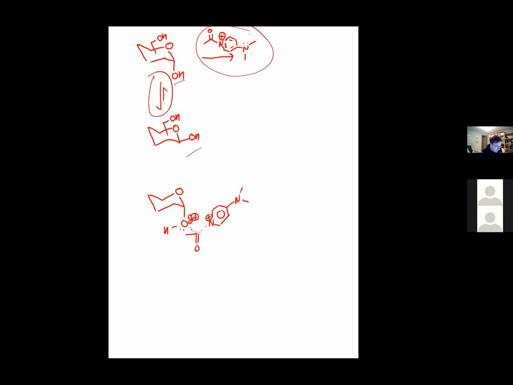And so what you're doing here is you're stabilizing the transition state because of the anomeric effect, because in effect, you can delocalize some positive charge to the ring oxygen.